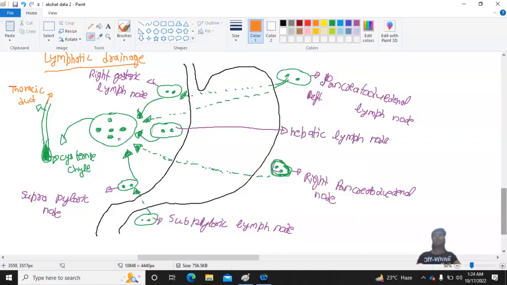So this is the pattern of lymph node direction. We can write here: junction of subclavian and internal jugular vein.